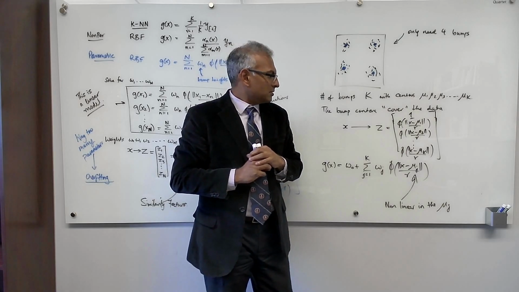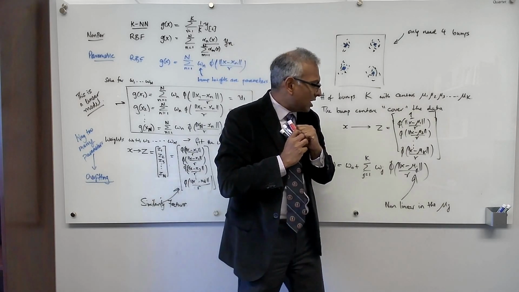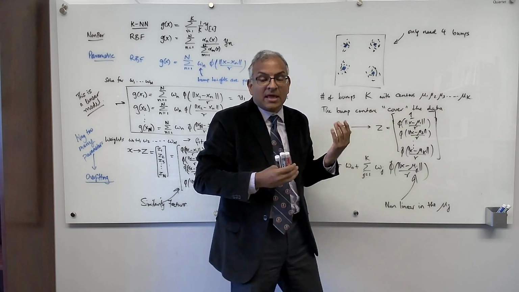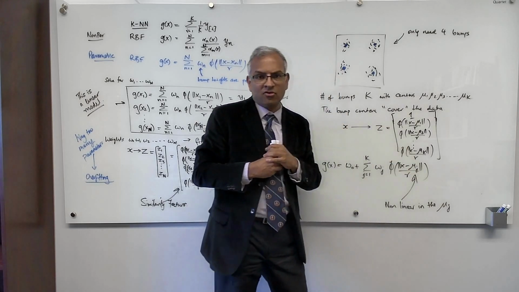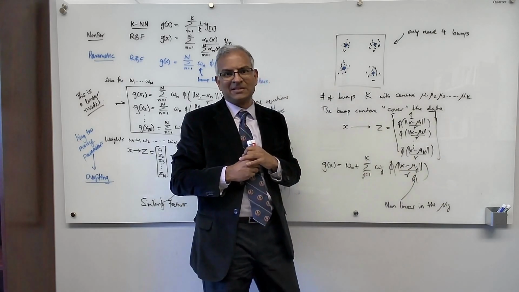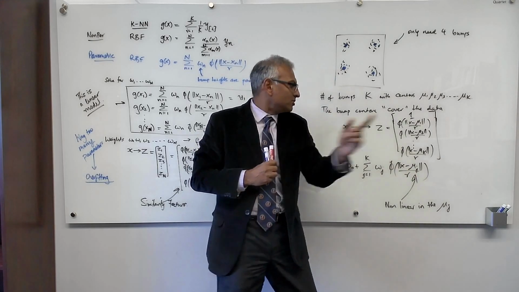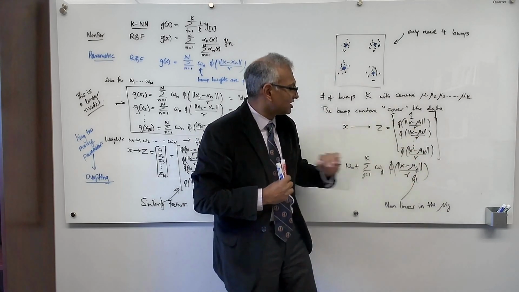And that interpretation is going to allow us to give a very good and very efficient algorithm for selecting the bump centers. Let's have a look at that algorithm, because after you have selected the bump centers, it's just a linear model.